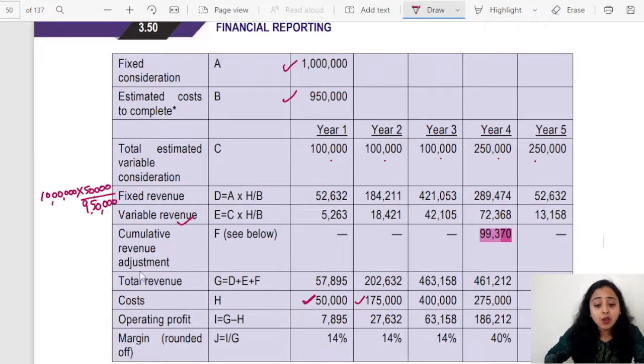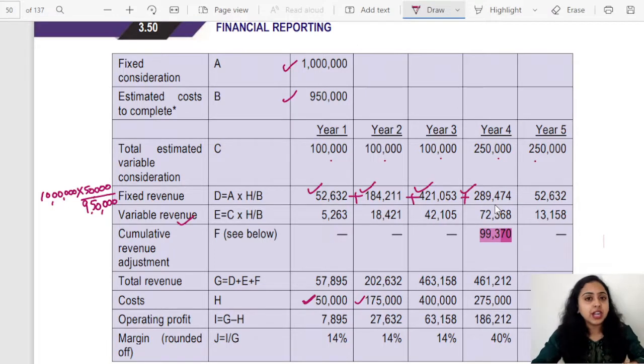Okay, now what is this cumulative revenue adjustment? See, for example, if this 2,50,000 was to be recorded since the first year, and now it is just being recorded till date. Till date the recordation has been 52,000, 1,84,000, this and this. If you sum total all these figures, till date it has been recorded a particular amount.